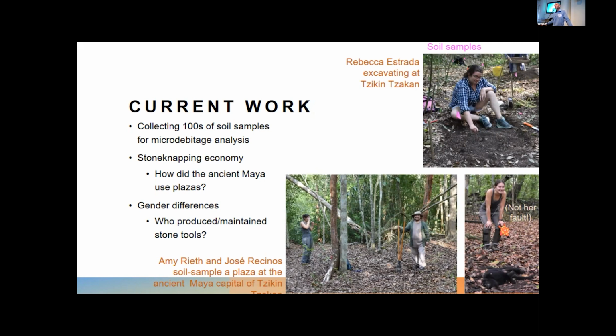And her goal is to understand how this plaza was used in ancient times, and specifically whether stone knapping took place on the plaza. There's historical evidence that stone knappers literally knapped for customers in major marketplaces. But so far we have no archaeological or verifiable evidence for that. And so now she's looking for microdebitage in this huge plaza.